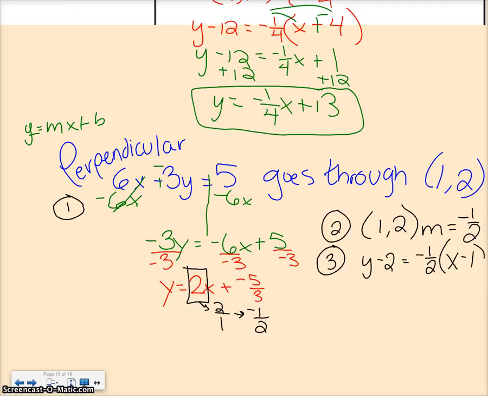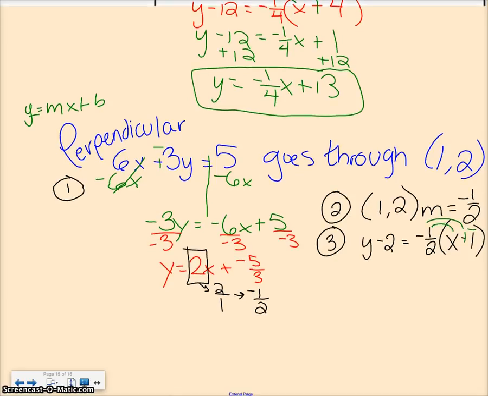Okay, now I'm going to plus a negative, and I'm going to go ahead and distribute. So I get y minus 2 equals negative 1/2 x. Negative 1/2 times a negative 1 is going to be a positive 1/2. And then I'm going to plus 2 to both sides.